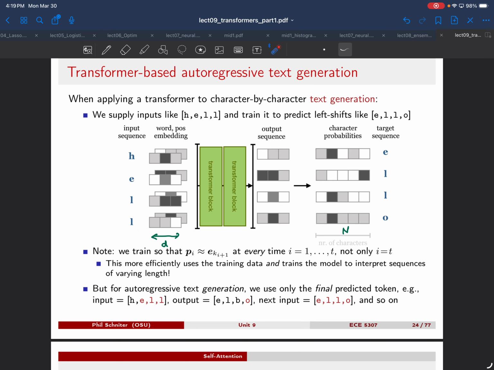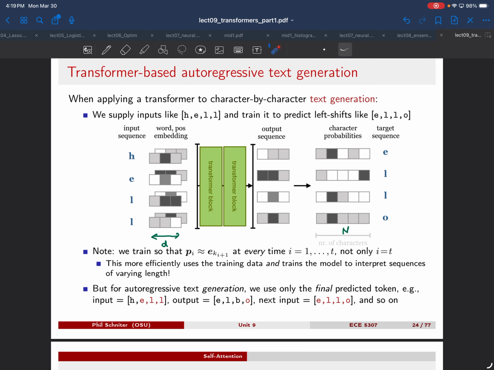And when we train it, we don't only try to predict the next character. When you train a transformer, you actually try to predict all these different characters given this one. And we'll talk later today about a way to prevent trivial copying of this to this and this to this and so on.